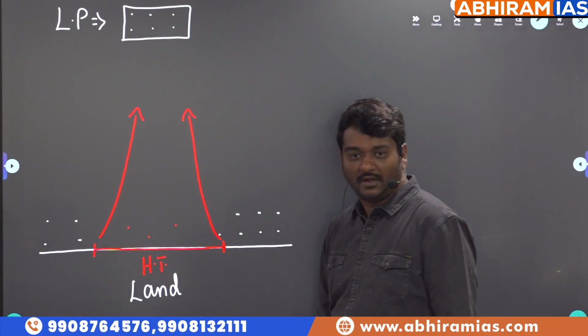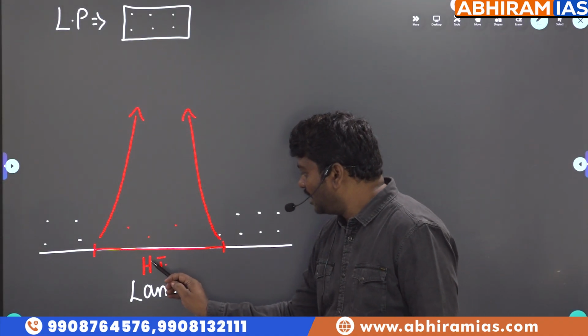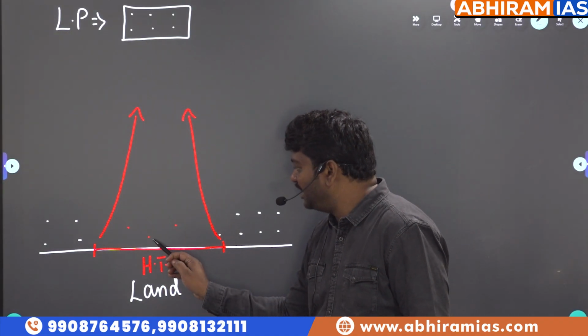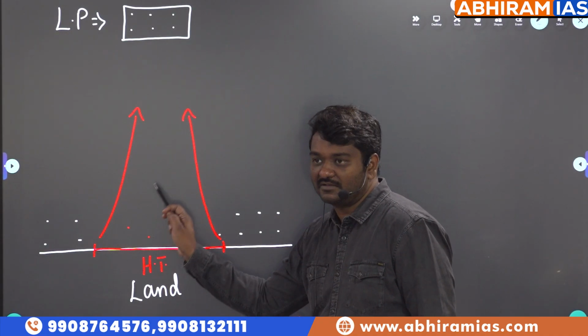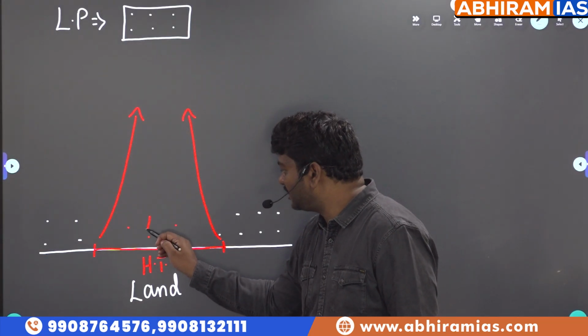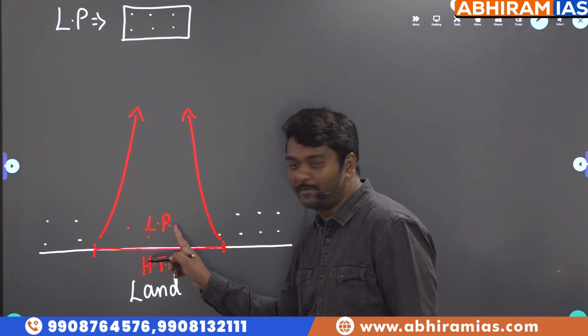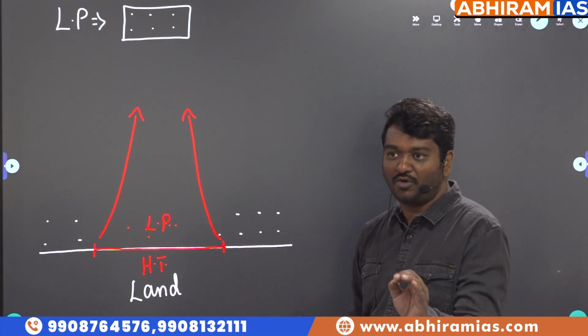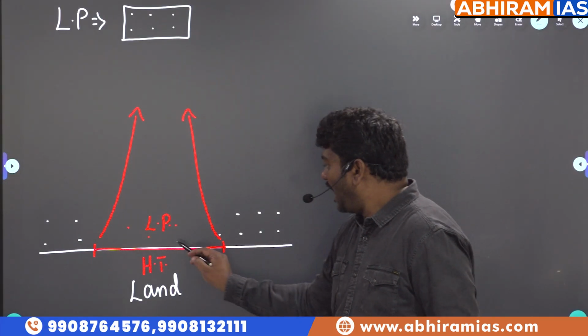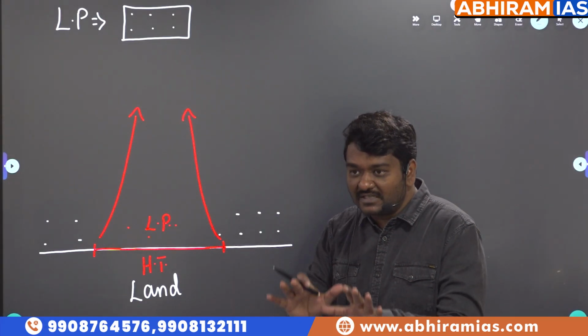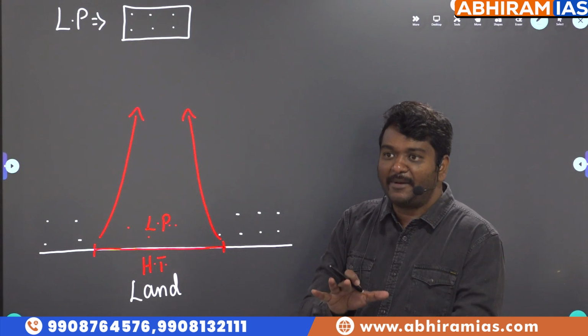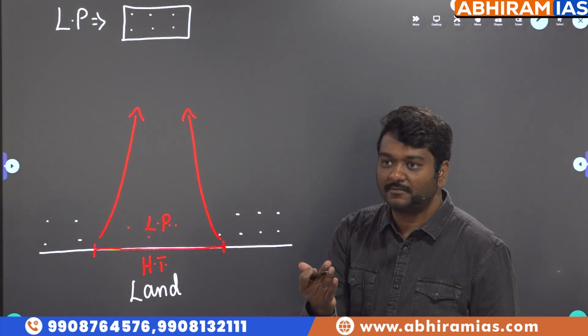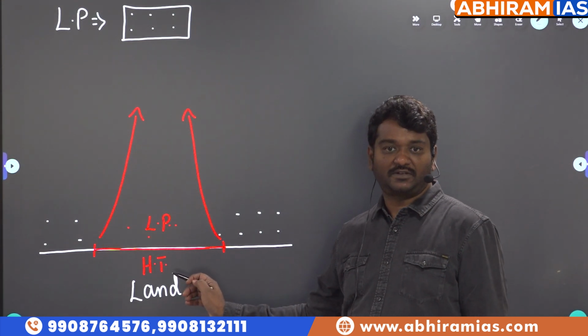Okay, now my point is, high temperature is leading to fewer particles. Fewer particles means what? Low pressure. A very simple question to you all. Please think and tell. Am I talking about earth surface temperature or air temperature? Earth surface temperature.